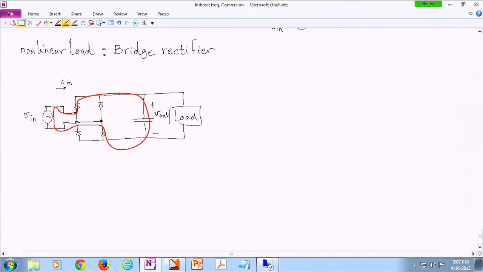So we are drawing power and kind of charging the capacitor. Then when the cycle reverses and the input voltage is negative, this diode turns on and this other diode turns on. So again, you're still charging the capacitor, okay, even though your input voltage is negative. So you're symmetrically drawing power from your source.